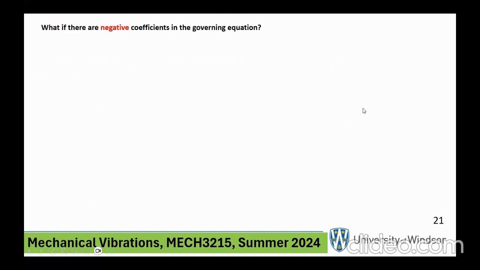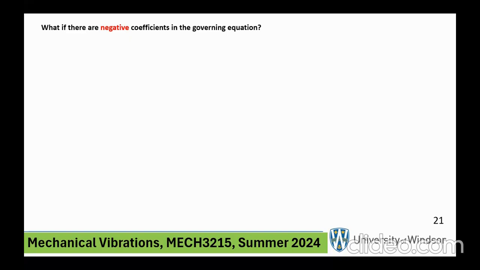Now, what happens if one of those coefficients or more than one of them happen to be negative? Well, you might say, wait a minute, mass is not going to be negative, K is not going to be negative, and neither is C. You're right. But that m x double dot plus c x dot plus k x is only for a mass spring damper system. We have a lot of other situations where it was a single degree of freedom and we had to reduce it to that kind of an equation.